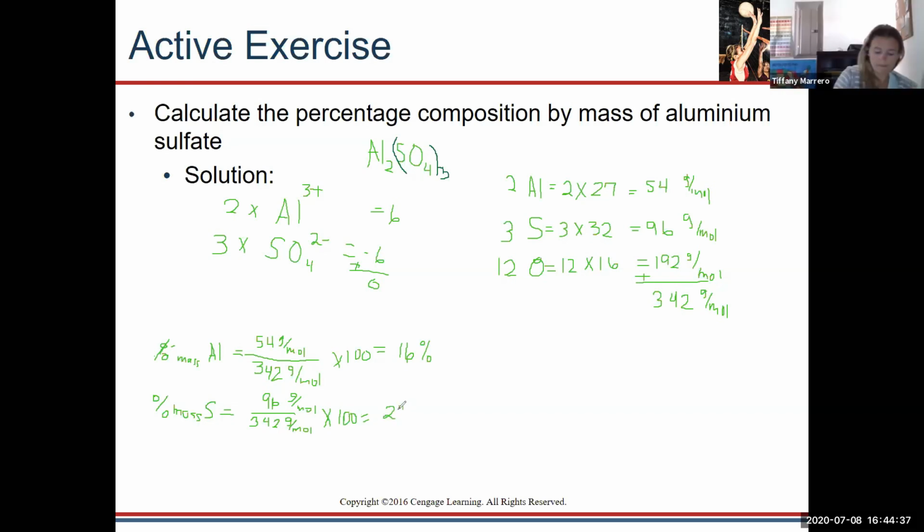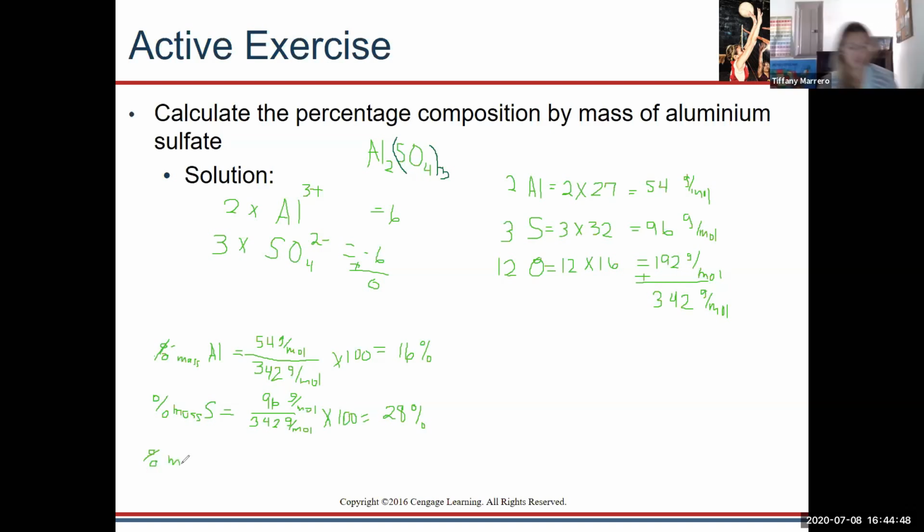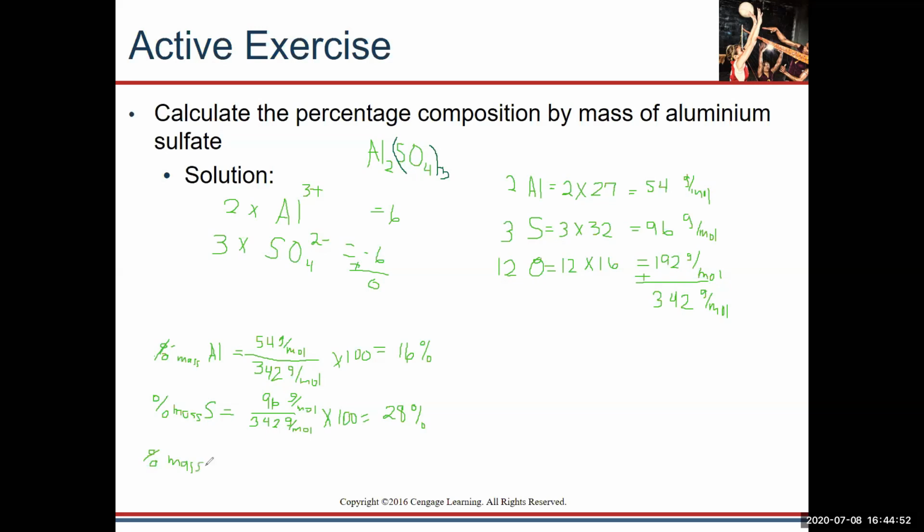Yes, 28. And oxygen will be the 192 over the 342 times 100. And that's gonna be 56%.